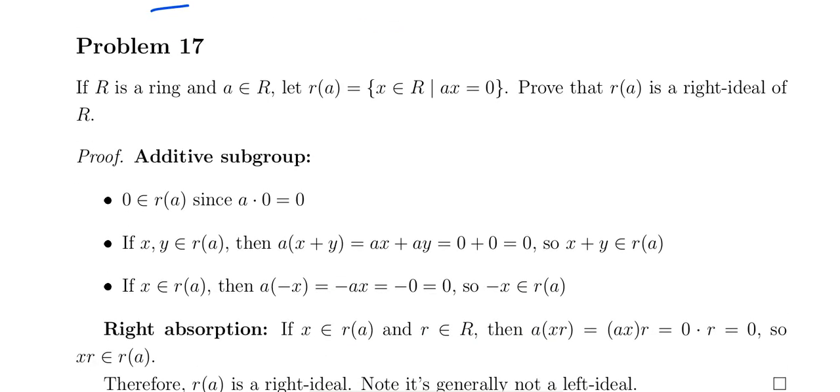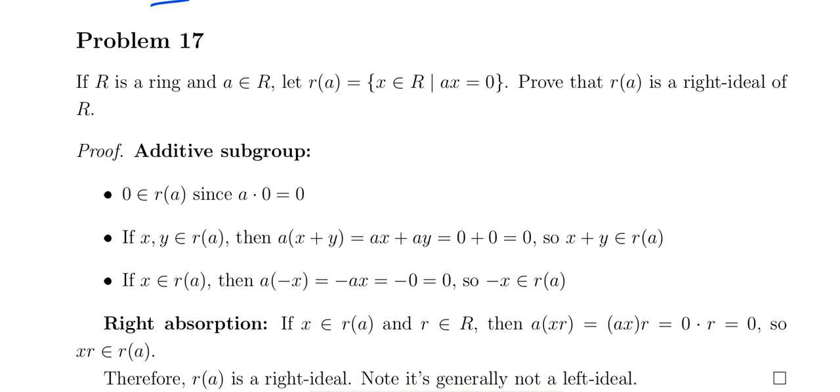And r(A) is defined like this. R is the ring, A belongs to R. r(A) is the collection of ring elements x with Ax equal to 0.